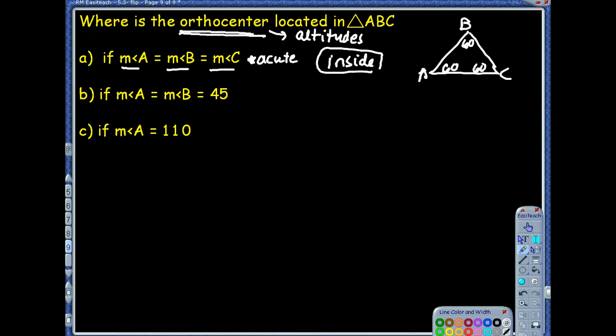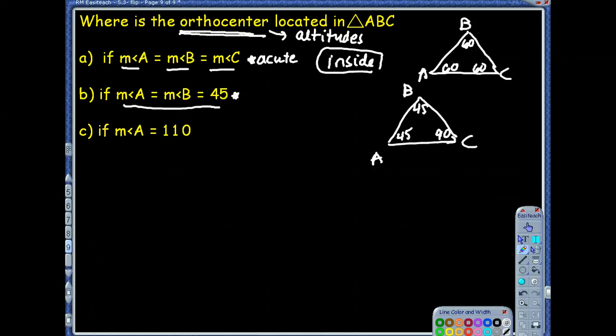All right, what about this one? For B, I'm noticing that A and B were both 45. I'm just drawing a sketch. If these are both 45, that would mean that together they're 90. So that means C would have to be 90. So that's a right triangle.